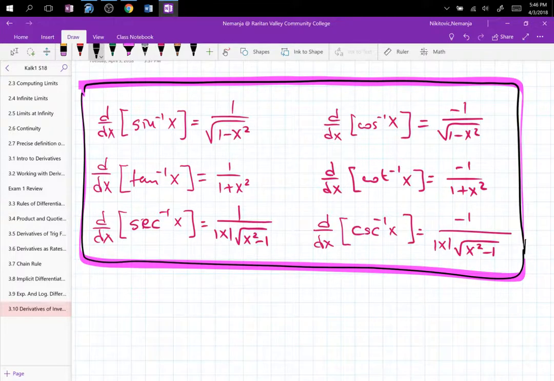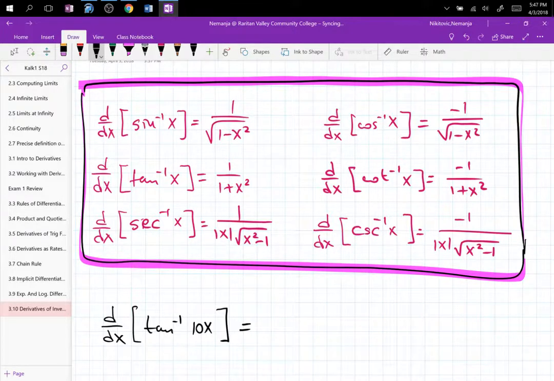So what is the derivative of, let's say, tangent inverse of 10x?